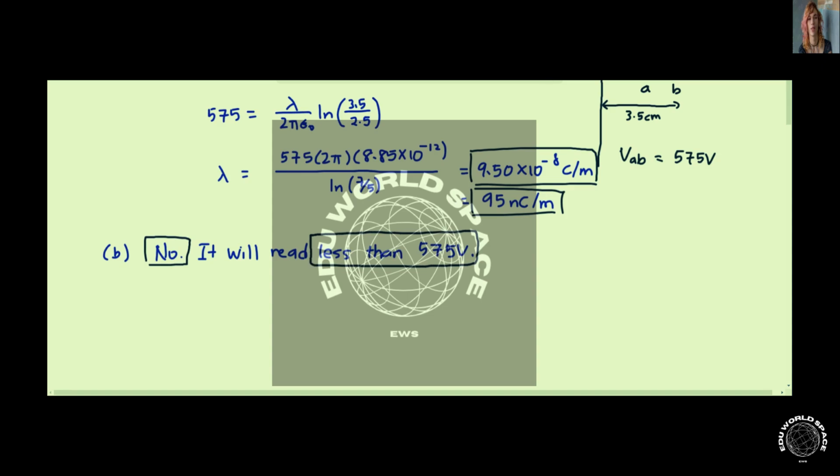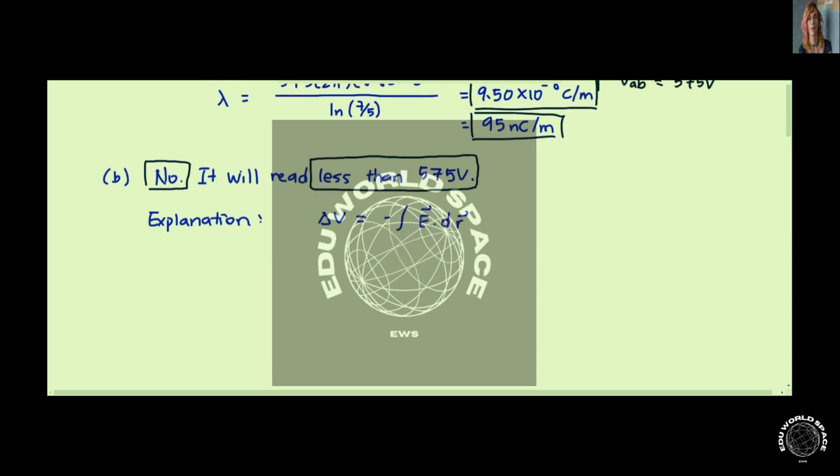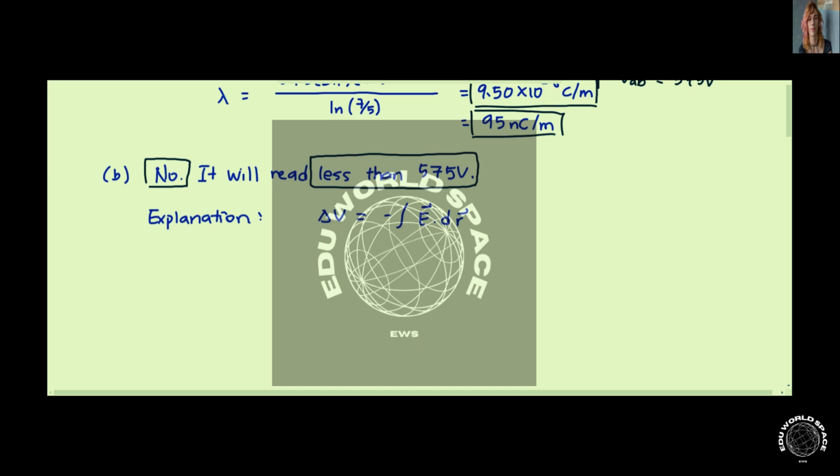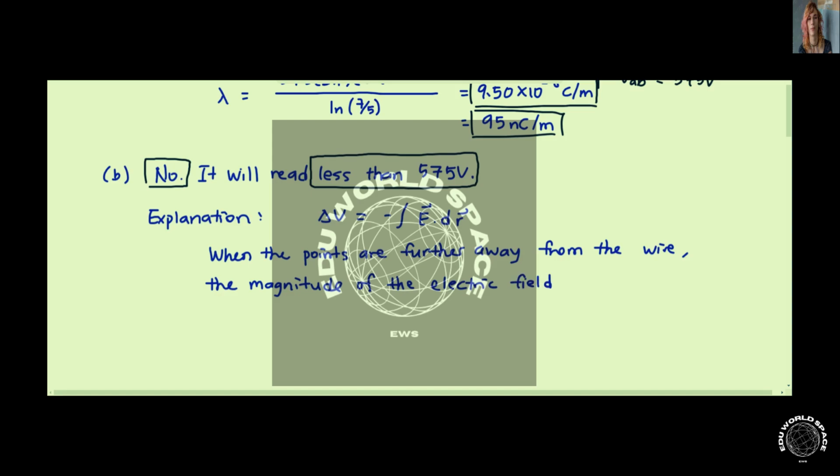So why is that so? First we state the definition of potential difference: delta V is negative E dot dr. When the points are further away from the wire, the magnitude of the electric field decreases.